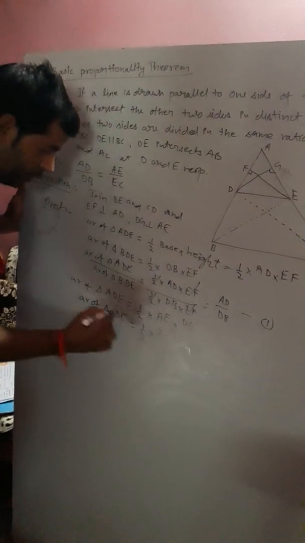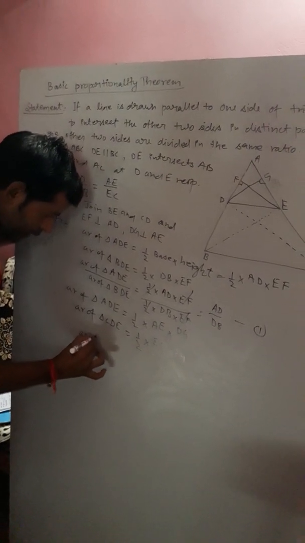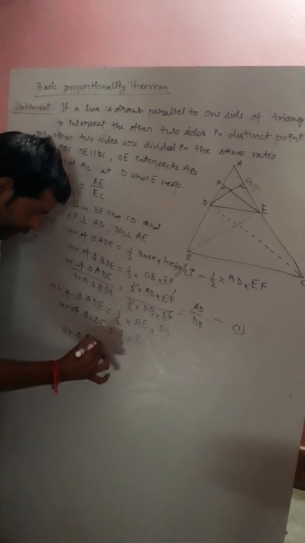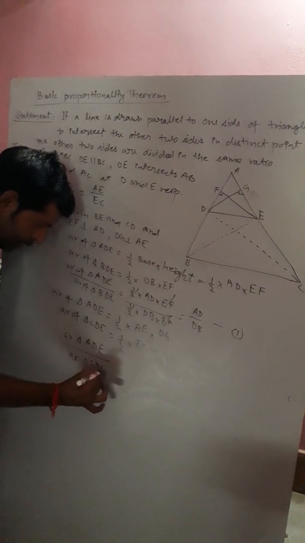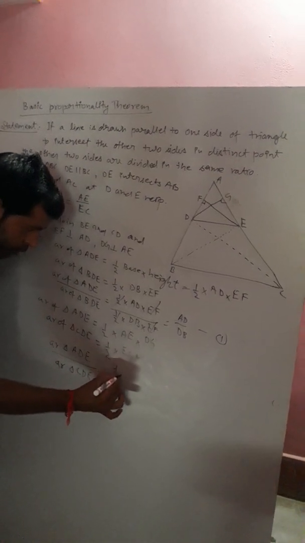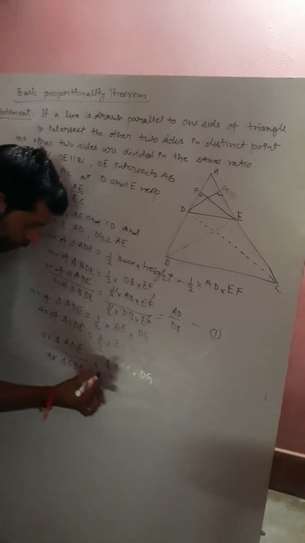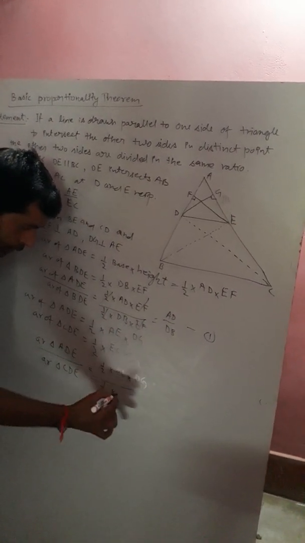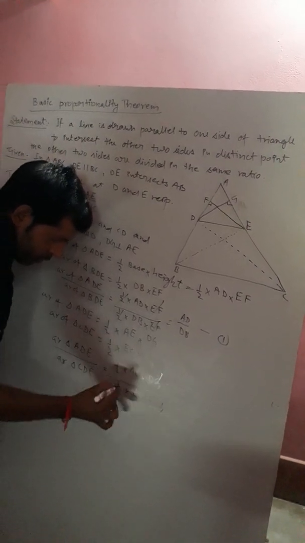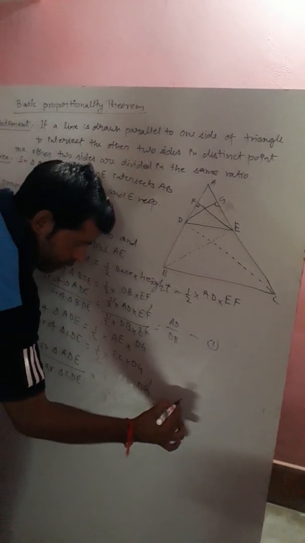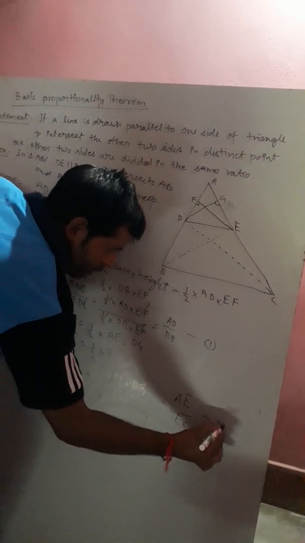Now we can take the ratio: area of triangle ADE upon area of triangle CDE is 1/2 AE into DG upon 1/2 EC into DG. Now these two will be cancelled out, so we have AE upon EC, equation 2.